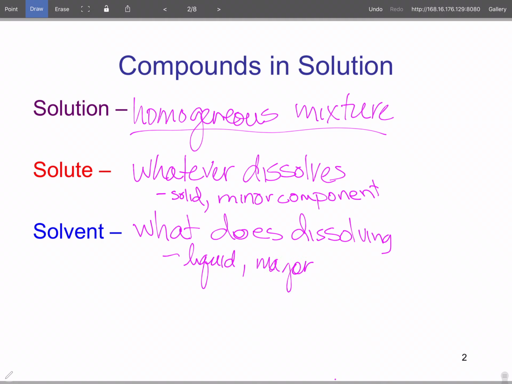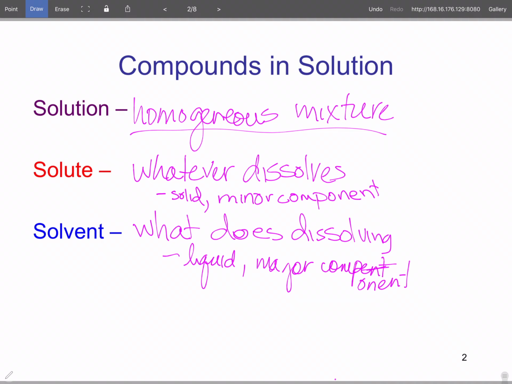Now, the important part is, when you look at things, it's a function of what you have. For example, if you go to your medicine cabinets, odds are a bunch of you are going to have isopropyl alcohol. You can find isopropyl alcohol starting at 50%, in which case you just pick a solvent because it's 50-50. But you'll also find 70%, which means that the isopropyl is the major component and water is the minor component, or 91%.